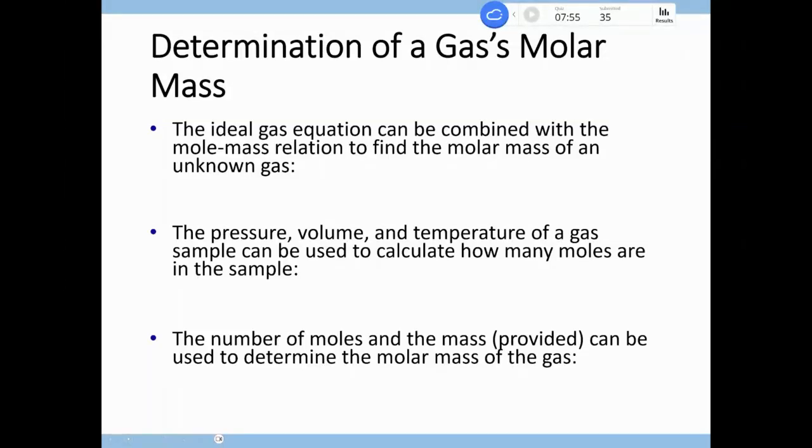And so we'll use the ideal gas equation, PV equals nRT. So this is ideal gas. And the mole mass relation. Now we know molar mass is mass divided by moles.